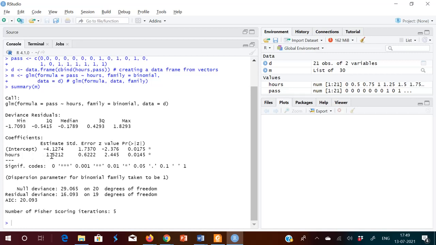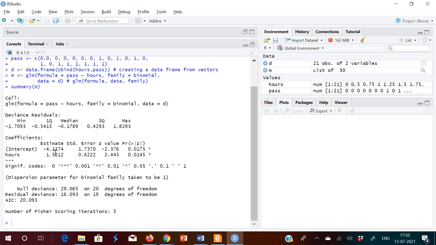As I told you, as always, y equals the intercept plus one coefficient into hours. So pass equals that, and that will be the concept here.